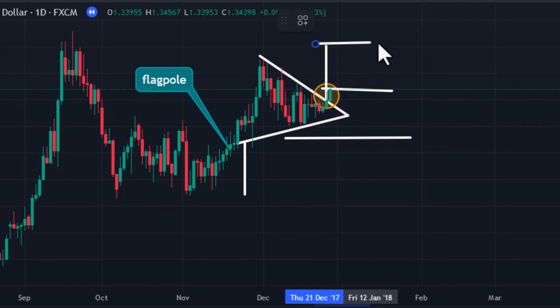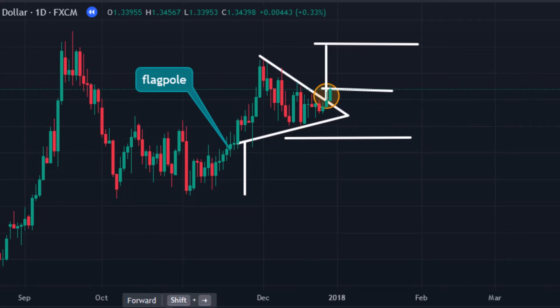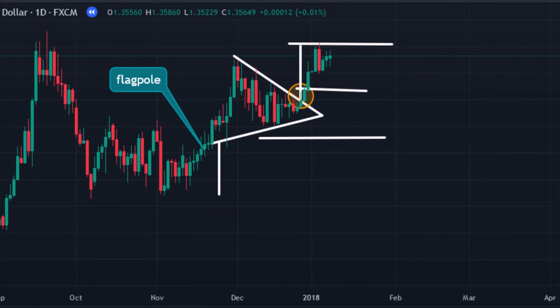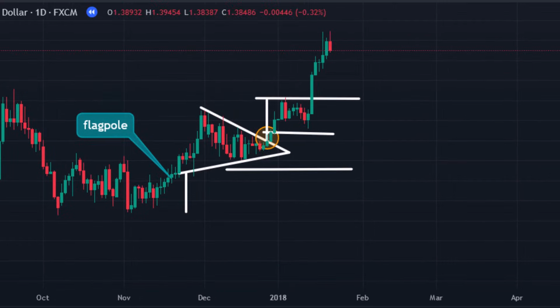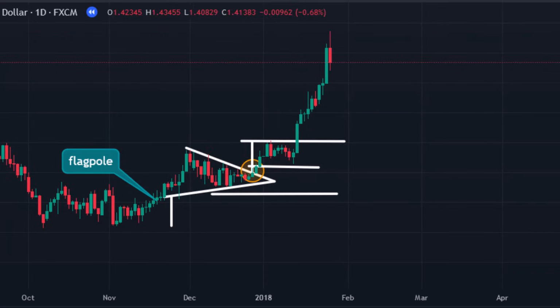So target level somewhere here. So what happens? Let's watch. See, our target has been hit, and after that it's a wash through. And see how price is going. So this is how you trade a bullish pennant.